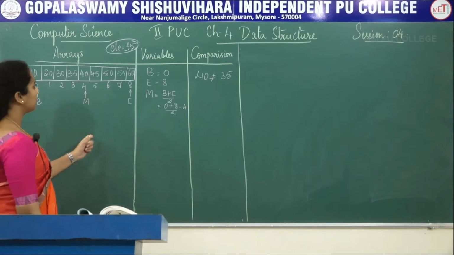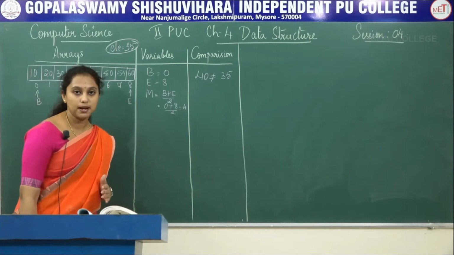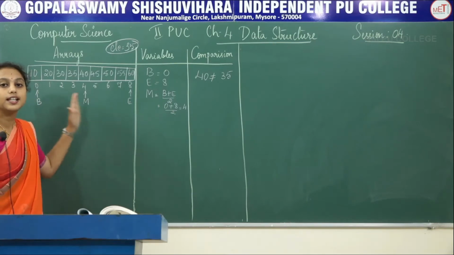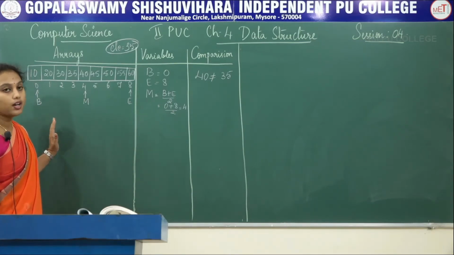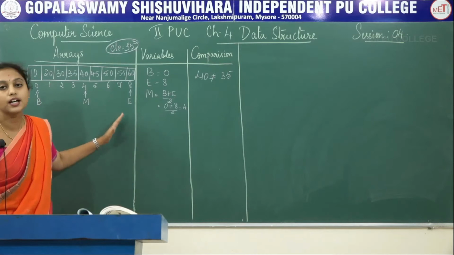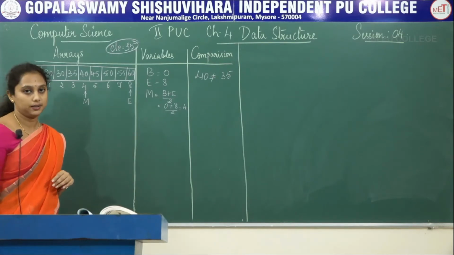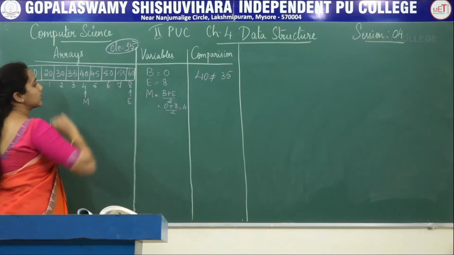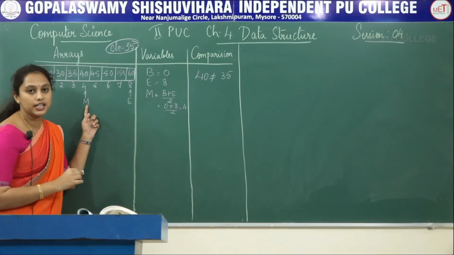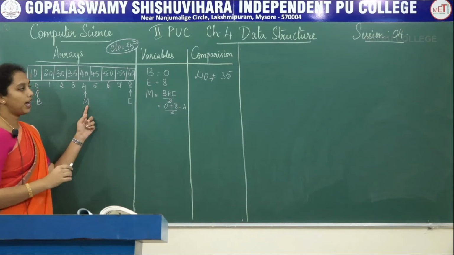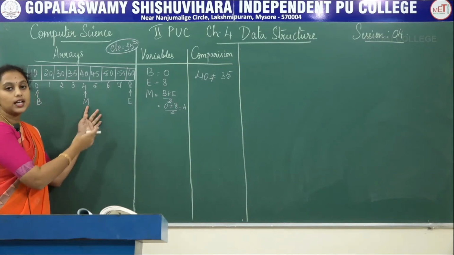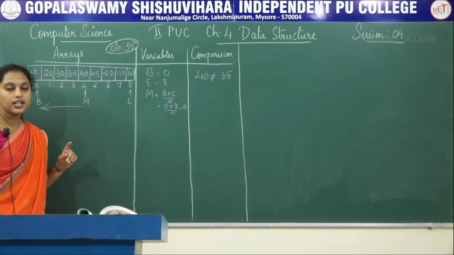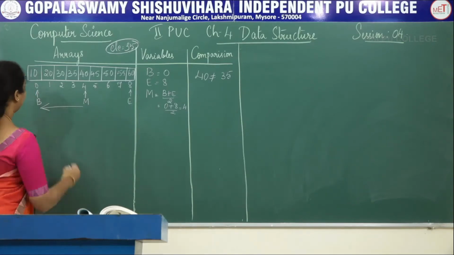If the search element is less than the middle element, then we have to search towards the left of the array, or else we have to search towards the right side of the array. So 35 is less than the middle element 40. Hence we have to search towards the left of the array.